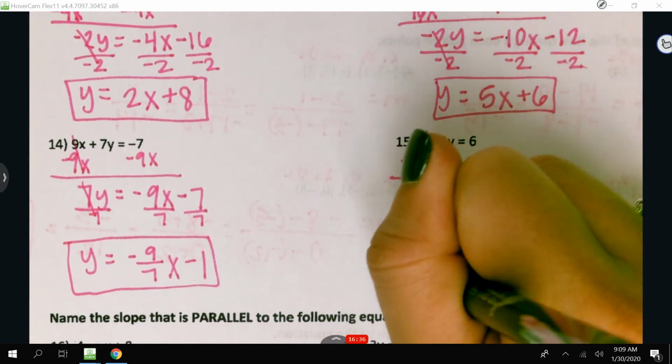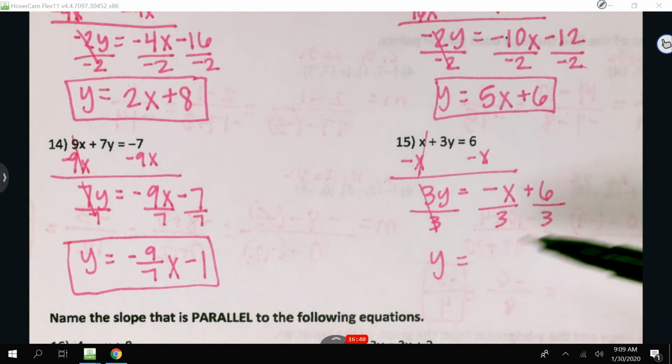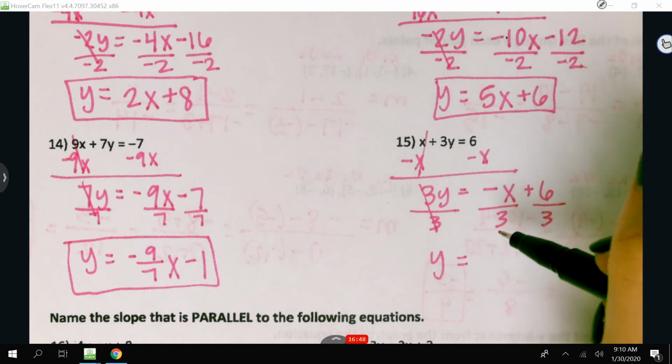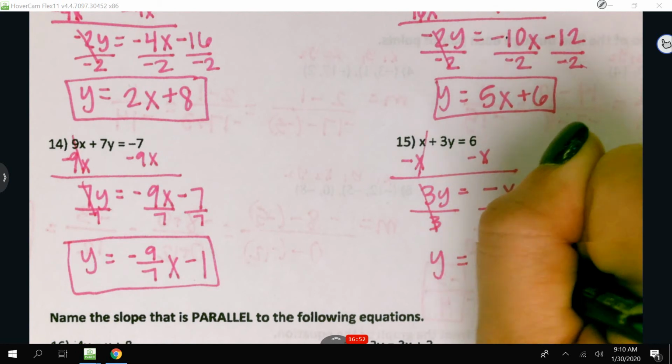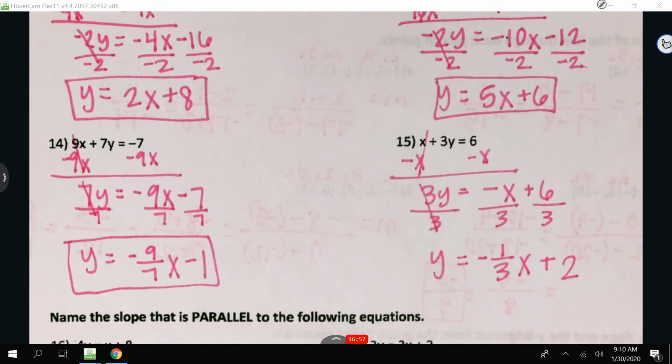A lot of us made this mistake on our quiz yesterday. You said that negative x divided by 3 was negative 3x. Is that true? No. This is a negative 1x, so that means 1 divided by 3, which is just a fraction, 1/3. So this is just negative 1/3 x plus what? 2. Plus 2. Yes.